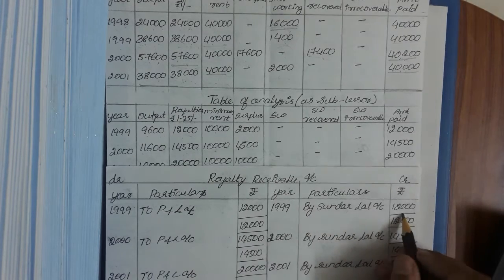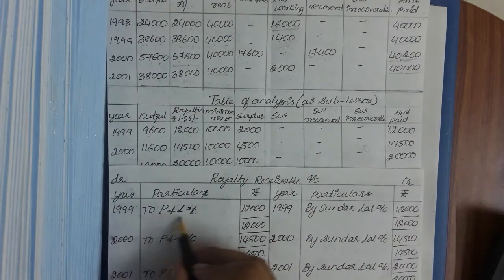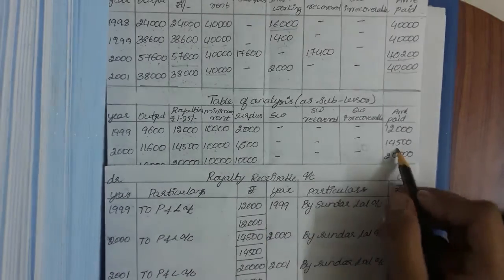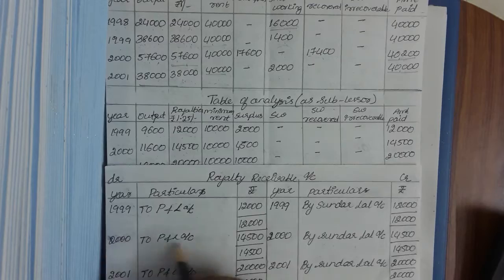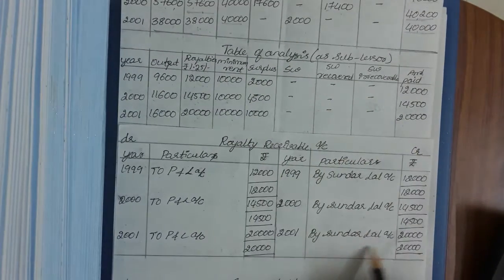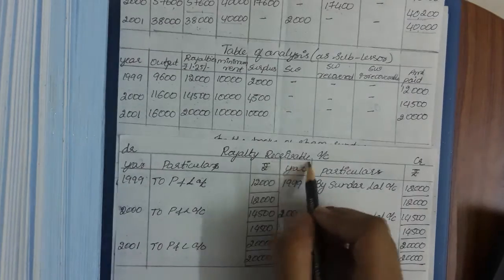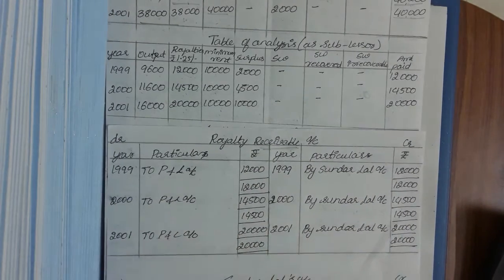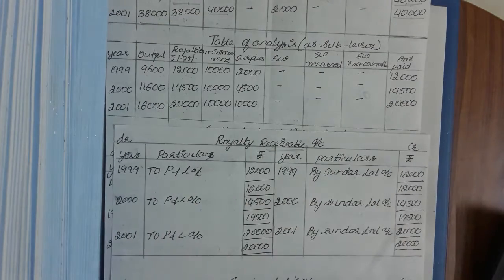So by Sundar Lal 12,000, transfer to profit and loss account. First year done. Second year by Sundar Lal account 14,500, transfer it to P&L account. In the third year 20,000 by Sundar Lal account we have received. This is receivable account, right? By Sundar Lal 20,000 received to profit and loss account. Done with royalty receivable account.